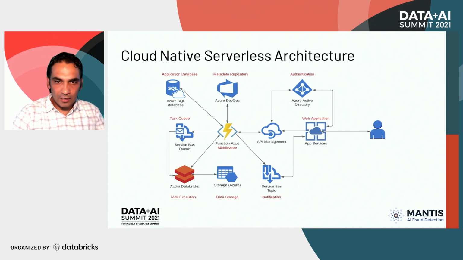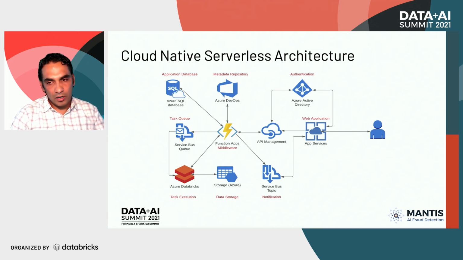As I explained earlier, I'm going to touch upon the various aspects of the solution and the components we used. We have a front-end web application, which is hosted on Azure App Services, serverless. We piggyback on Azure Active Directory for authentication and authorization. We use API Management for securing the Azure Functions, which are the services of the application.